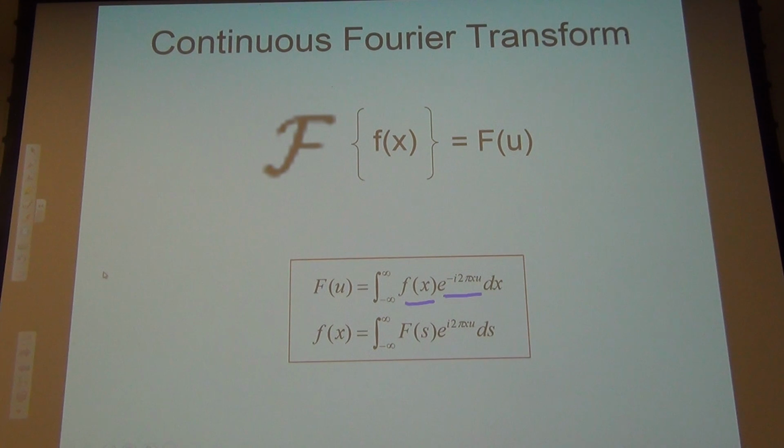And when you do the inverse, du, you want to convert the signal from the frequency back to the time domain or spatial domain. You just multiply by e to the positive i 2 pi x u.